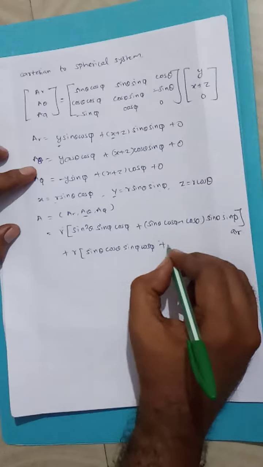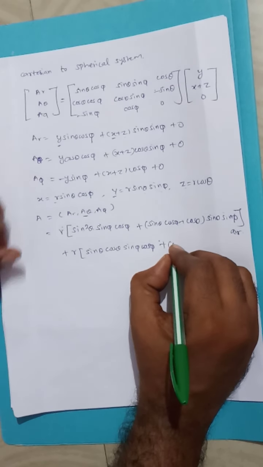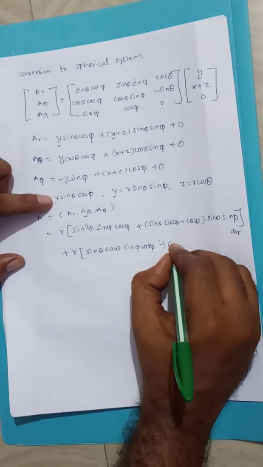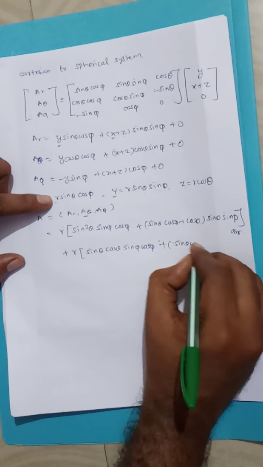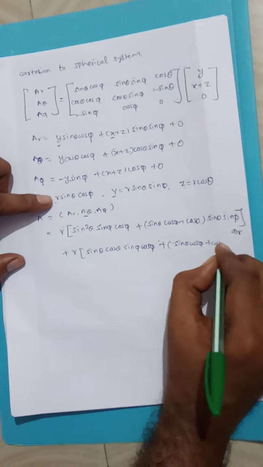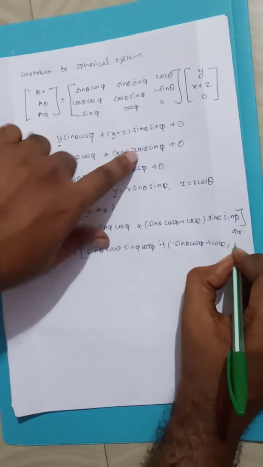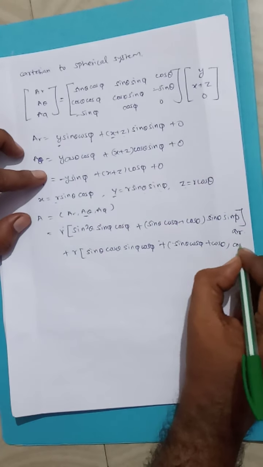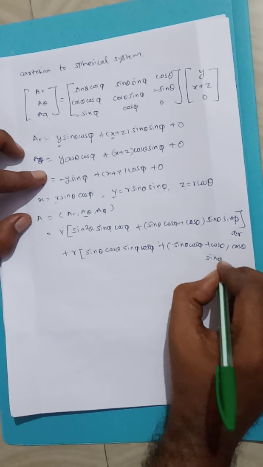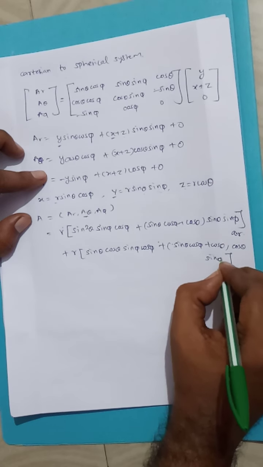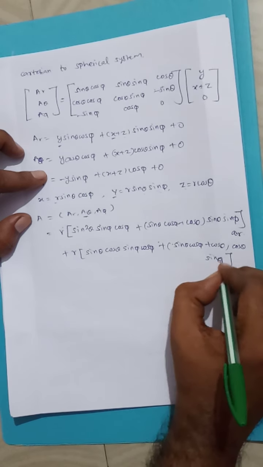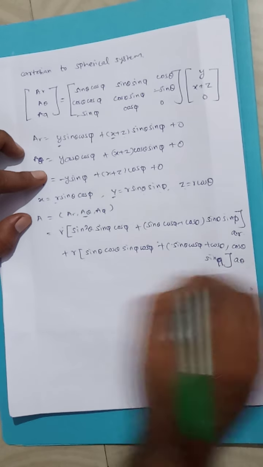Then x plus z, with r already taken outside. So sin theta cos phi plus cos theta, that is multiplied with cos theta sin phi. So this one has the vector of a theta.